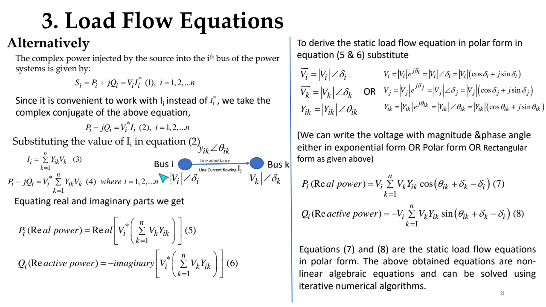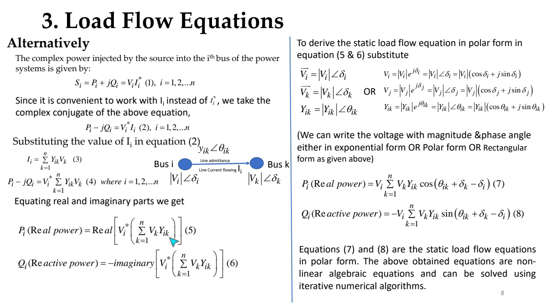In the second case, the phase angles will be represented in polar form, Vi delta i, and your receiving end bus Vk delta k, and the admittance of the connecting line is the same as what we discussed on the previous slide. The magnitude is Yik and the phase angle is theta ik. So we are again substituting equation 3 in equation 2, and we get back to this equation.